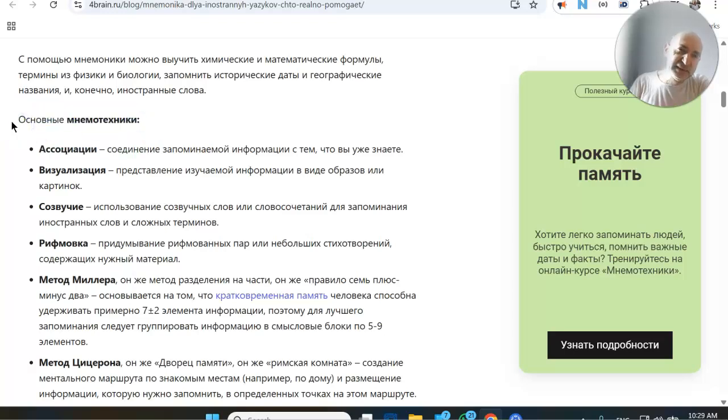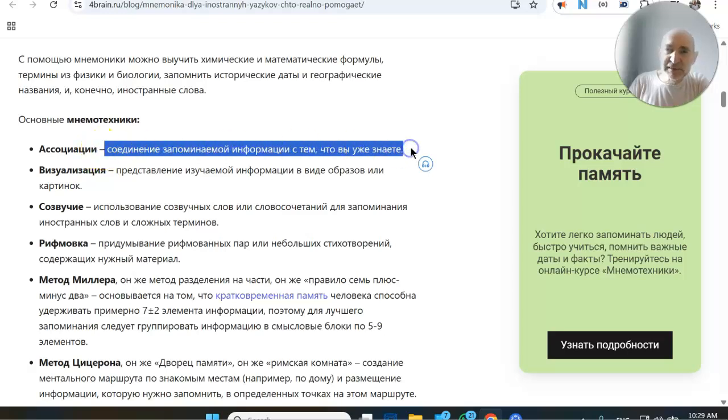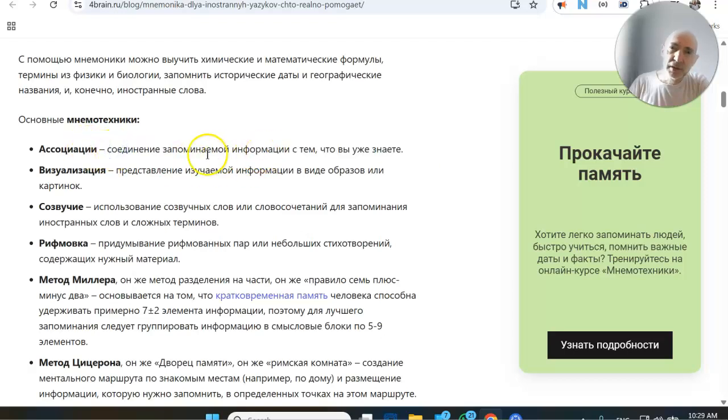Основные means basic. So основные мнемотехники would be the basic techniques of mnemonics. Ассоциации, associations. Соединение запоминаемой информации с тем, что вы уже знаете. So, соединение means connection. Запоминаемой, that's an adjective coming from запоминать, from the verb, which is, запоминать means to remember.